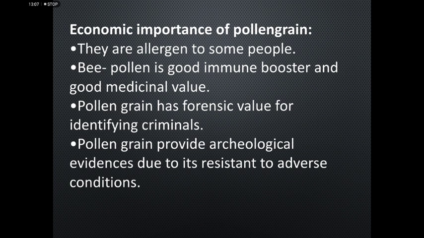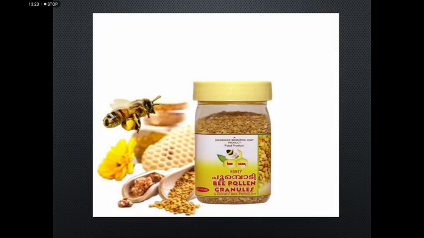So we can easily identify that flower or plant by identifying this pollen grain. Here there is a bottle of bee pollen granules. This is an example of the economic importance of pollen grains.